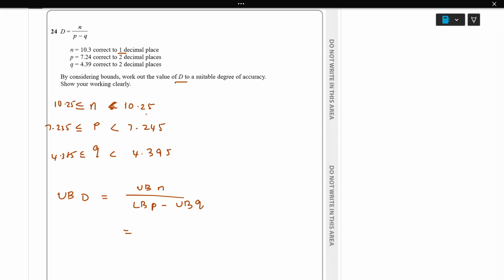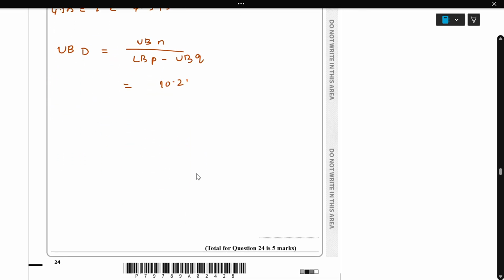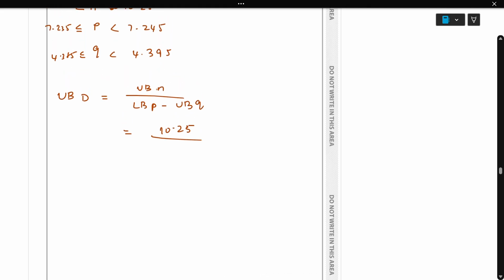Upper bound of n is 10.25 over, lower bound of P is 7.235, minus upper bound of Q, which is 4.395.